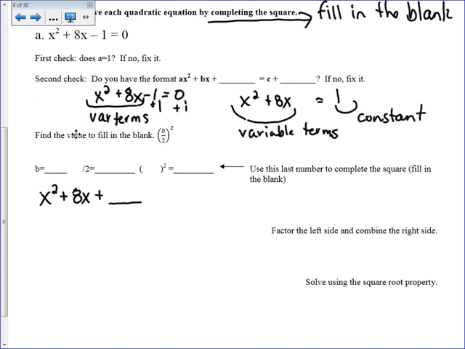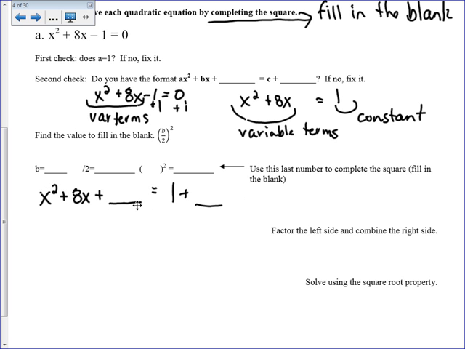The difference between the problems on Monday and the problem now is that there's also an equal sign and another number on the right side. That was just part of our original problem. So what we're going to do, same thing that we did on Monday, we're going to fill in the blank for the left side. But because I have an equation now, whatever number I decide goes on the left side, to keep it balanced, I've got to add the same number on the right side.